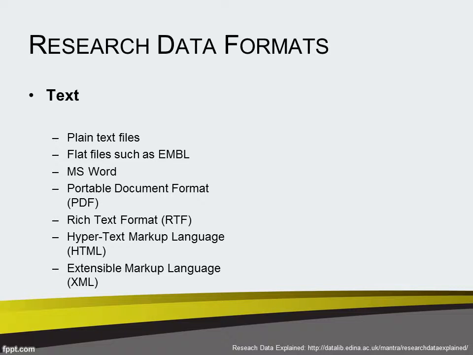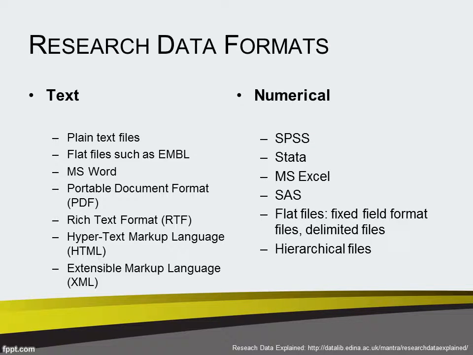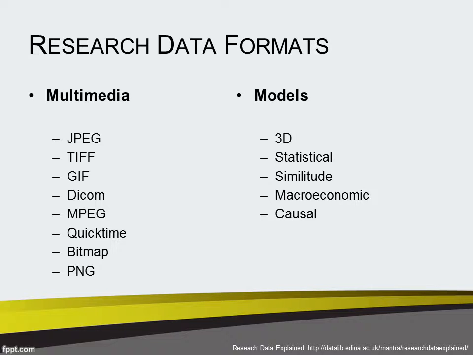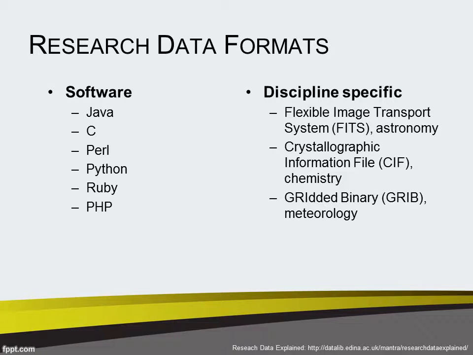So for text, for numerical, for multimedia, for models, for software, binary and code files written in a variety of programming scripting languages such as the following: Java, C, Perl, Python, Ruby, PHP.